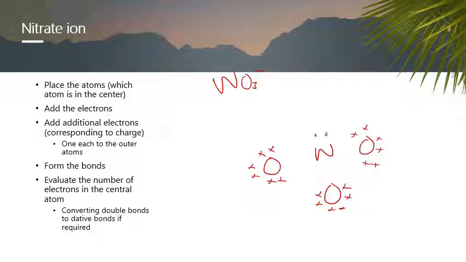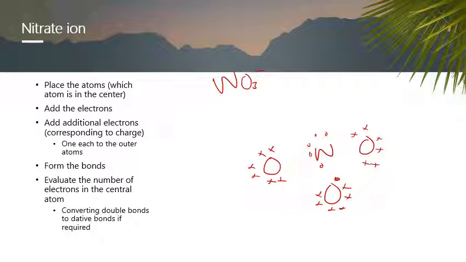And 1, 2, 3, 4, 5. Now, nitrate has got 1 minus, so let's give 1 more electron to any of the oxygens. Let's say I give to the one below.